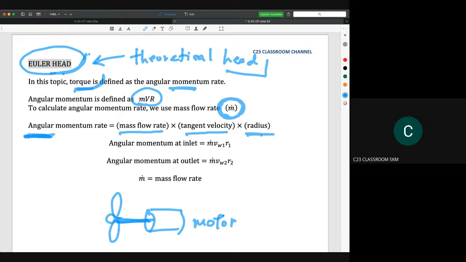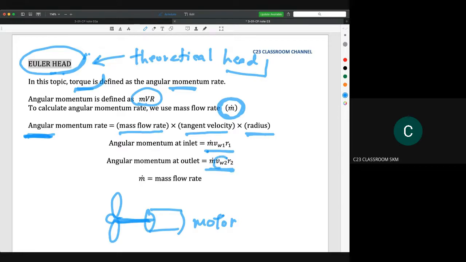For a centrifugal pump, the angular momentum for the inlet can be written as m dot v1 r1, and for the outlet, mass flow rate times v2 and r2.